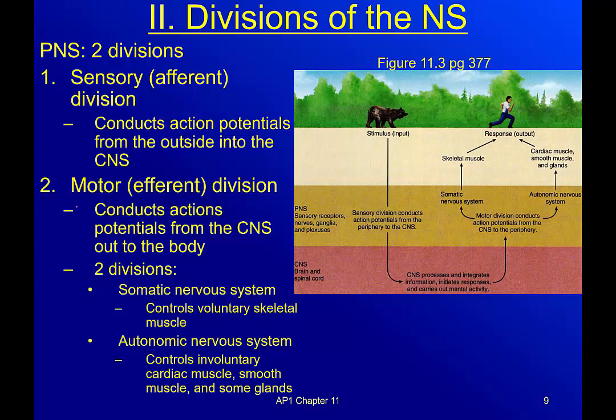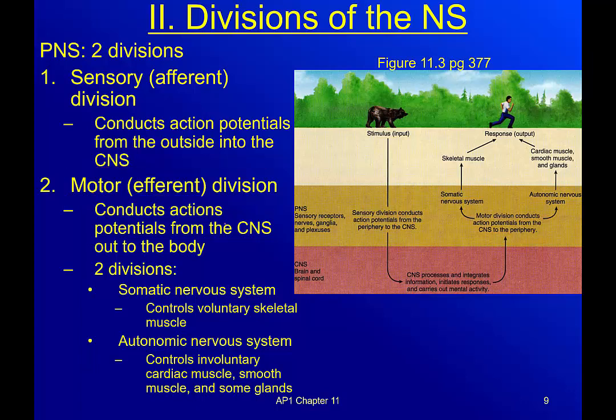Now, the motor division. Motor division conducts action potentials from my central nervous system out to my body. So when my central nervous system is sending information out to my body, usually it's to get a muscle to move or to get a gland to secrete.